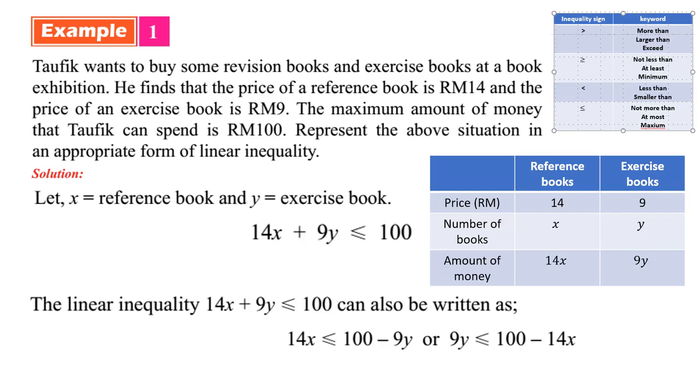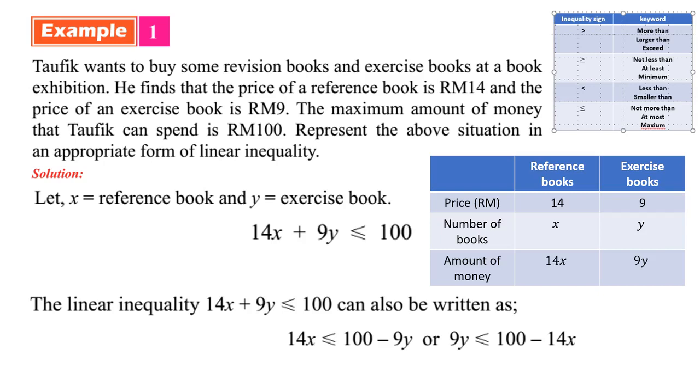Okay, let us use the letter x to represent the number of reference books and the letter y to represent the number of exercise books. The amount for the first item, reference books, is 14x and the amount for the second item is 9y. And the word maximum here means Taufik cannot spend more than 100 ringgit.